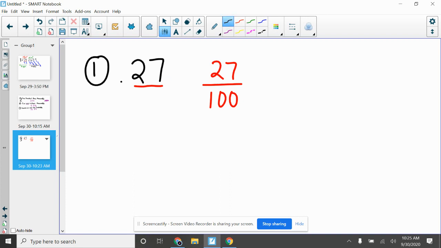All right, try another one. Ready? Here we go. What about that one? Remember, your numerator is the number that's in the decimal. Focus. The numerator is the number that's in the decimal. So here, what number do you see in the decimal?